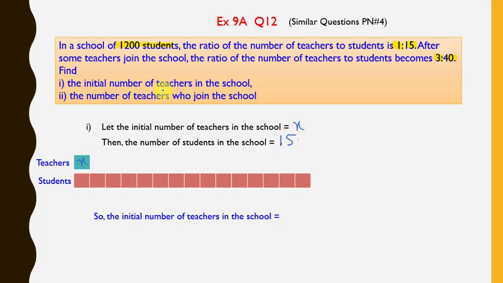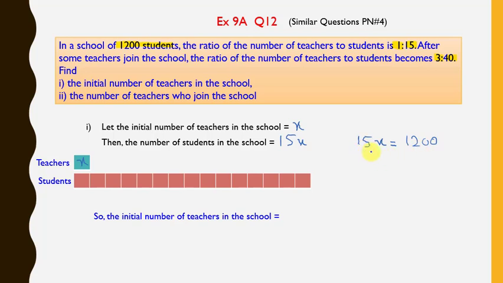But in this part we have to find the initial number of teachers, and there are 1200 students. So from the model we can write that 15x equals 1200.